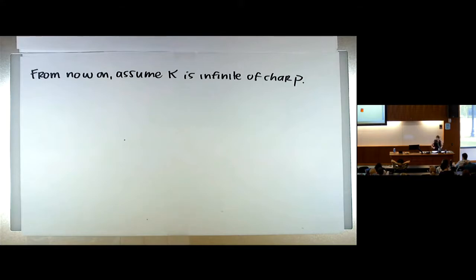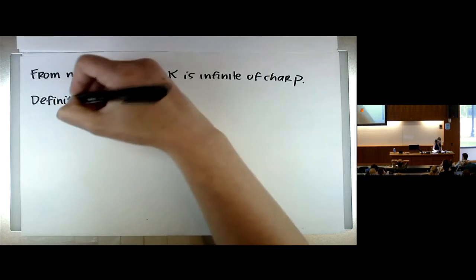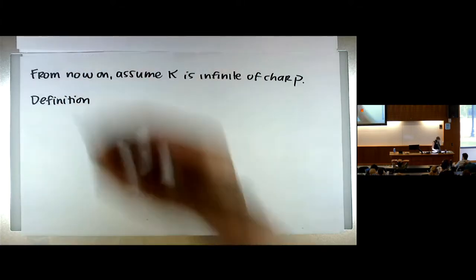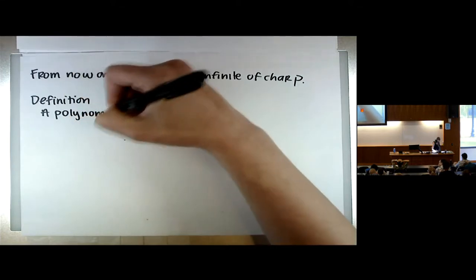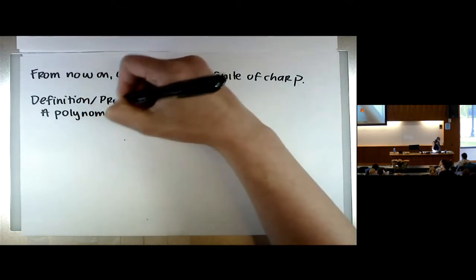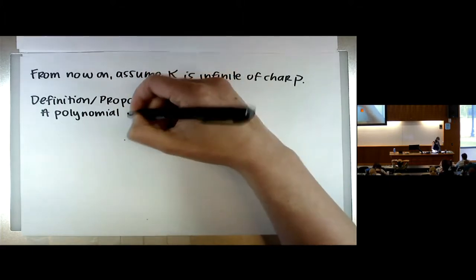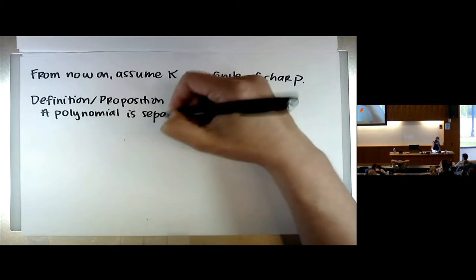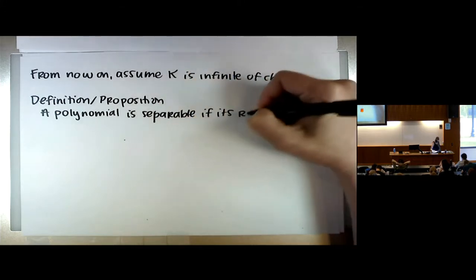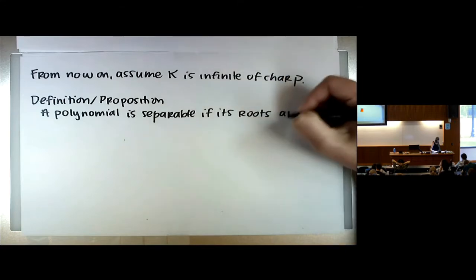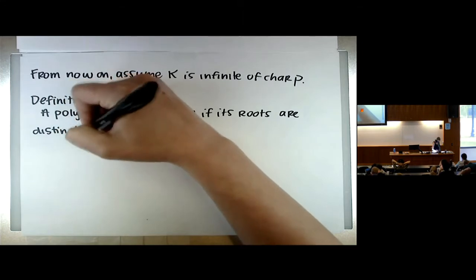Okay, so we'll need one more definition because I'm in characteristic P. It's a definition / proposition. A polynomial is separable, so this is over any field, if its roots are distinct in K bar.